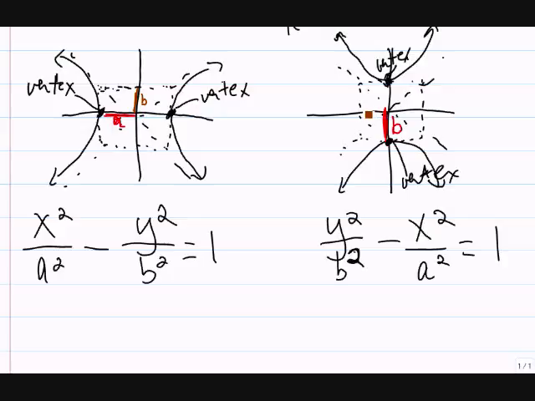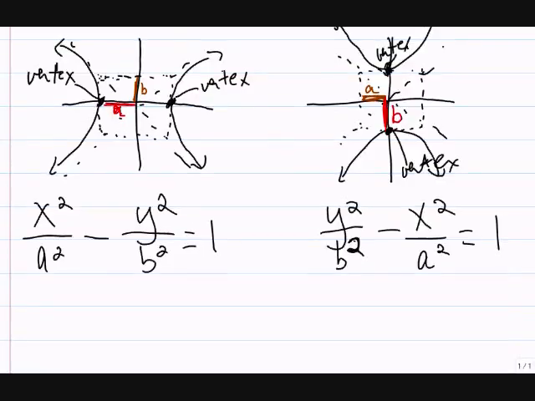And it's not going to tell you where the vertex is, but it is a necessary part. And there's the a there. It is a necessary part to graphing these, figuring out what these hyperbolas look like. They have these little lines going through them, but that's not part of the graph.